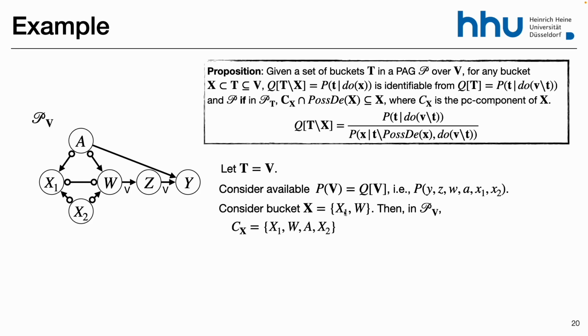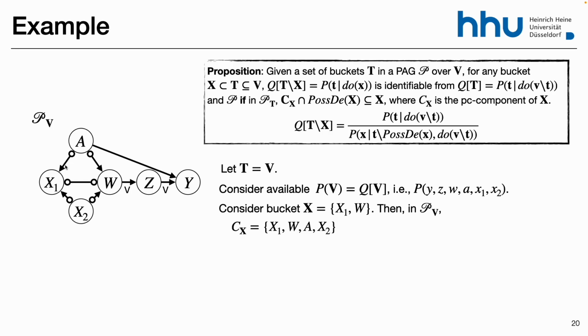So the X is X1 and W. The PC-component of X1 is every variable that's connected by a bidirected path, where the first and last edge could be just a possible bidirected edge.